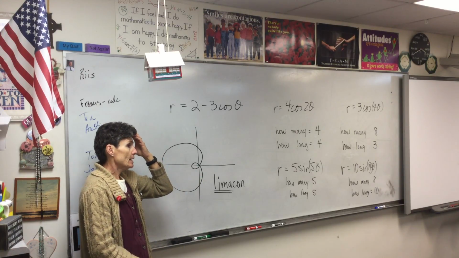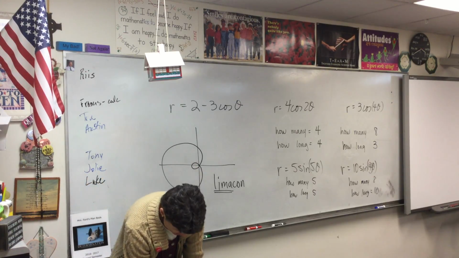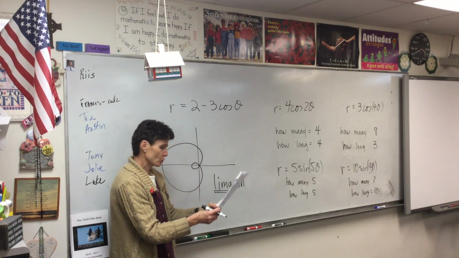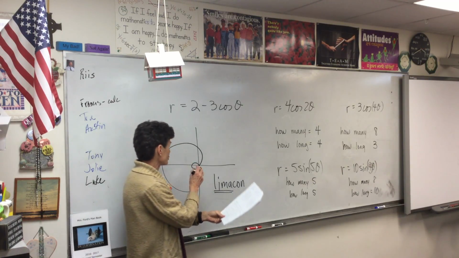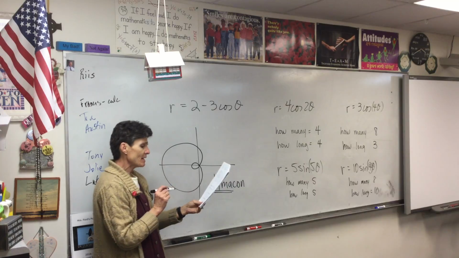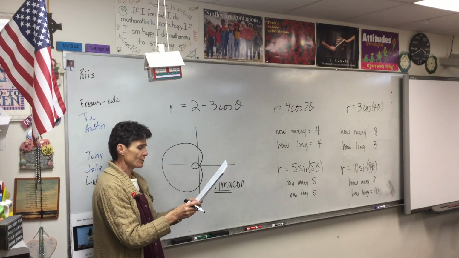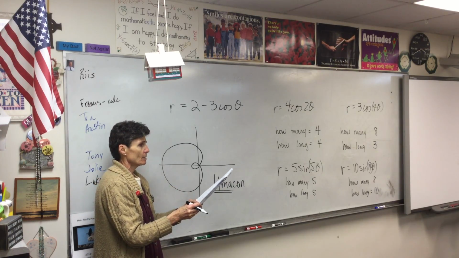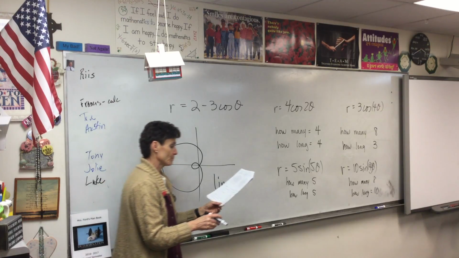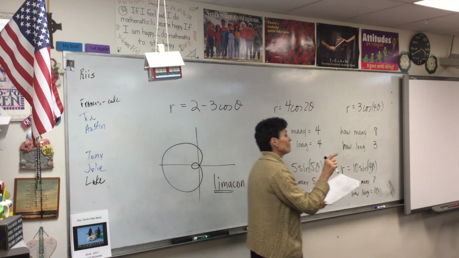Okay? Now, I'm a little bit curious because the question there says sketch. Okay, we did that. And then it says, is it a cardioid? Well, here's what I'd like you to do.